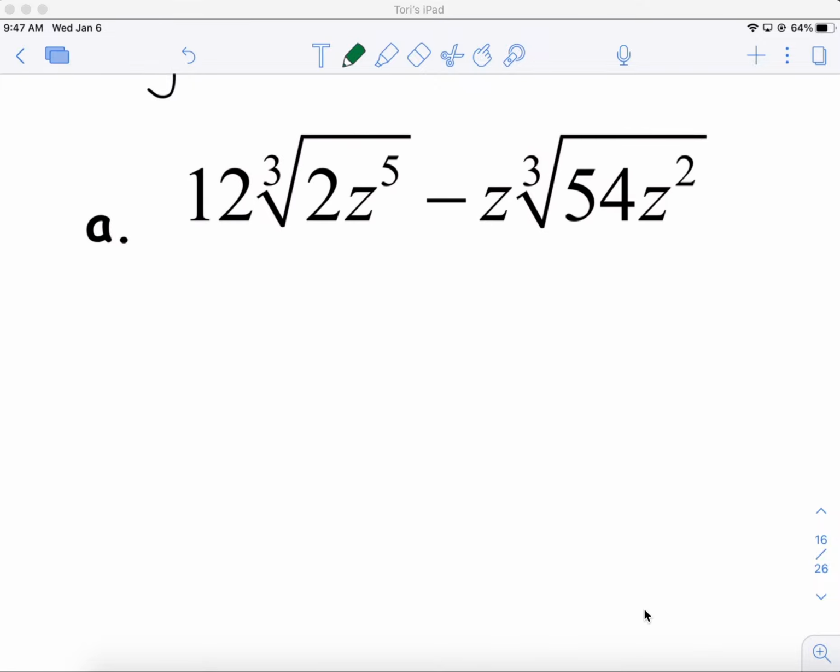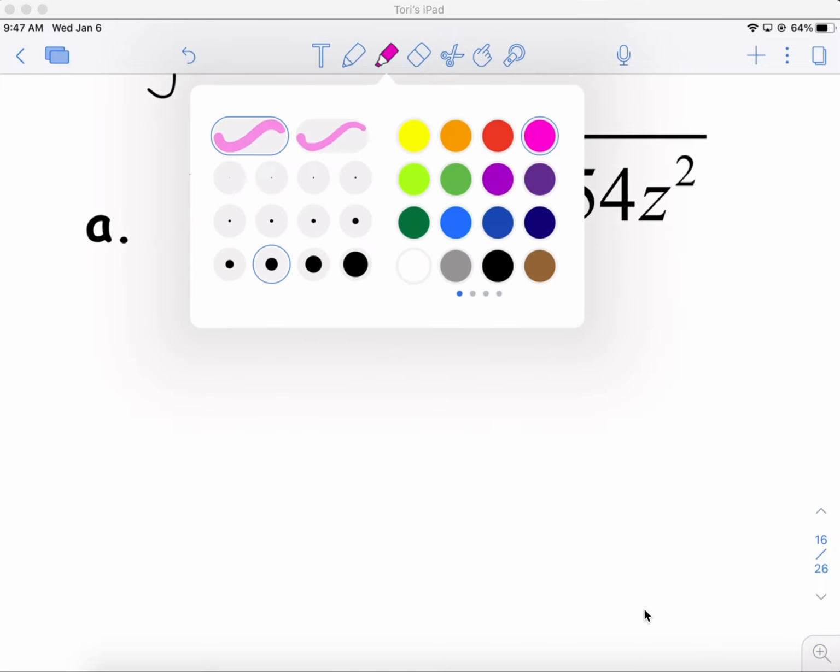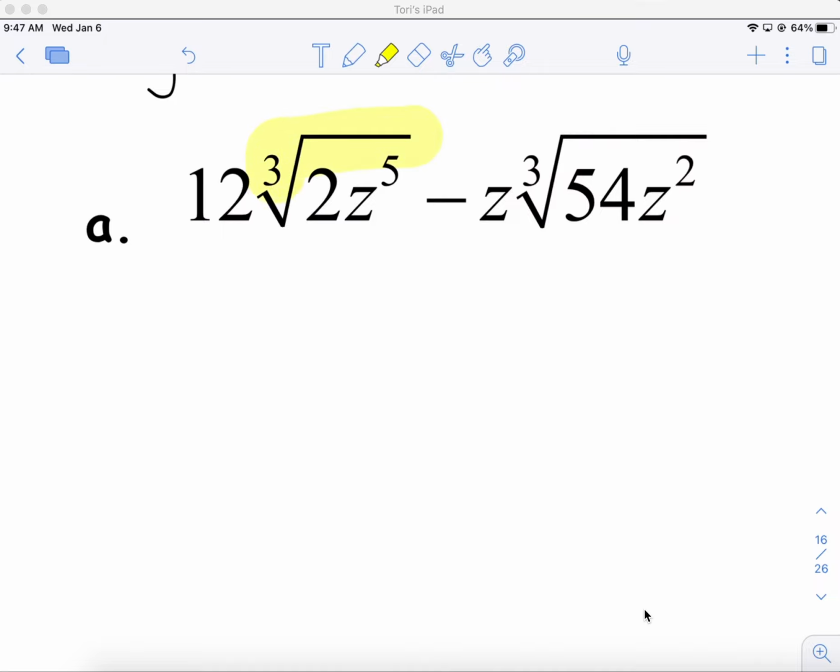Starting with A, I am looking to simplify, highlight yellow real quick, this guy and this guy to see if they're like terms. They both have a 3 for their index, but we don't know if they're the same. So I'm going to put out my 12. Just like we did before, I'm saying I have 2 in there.